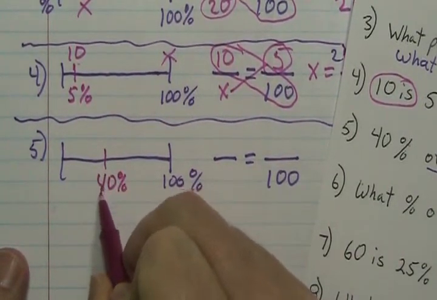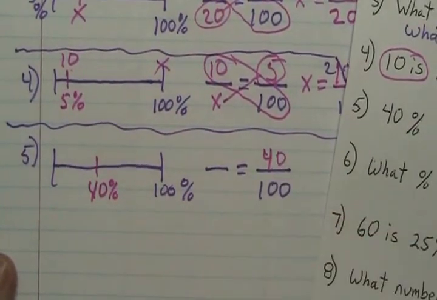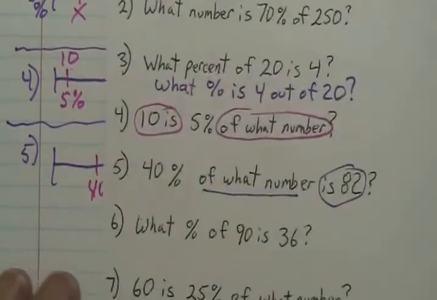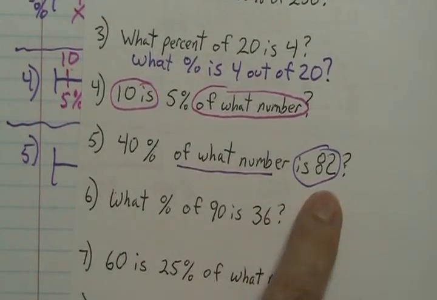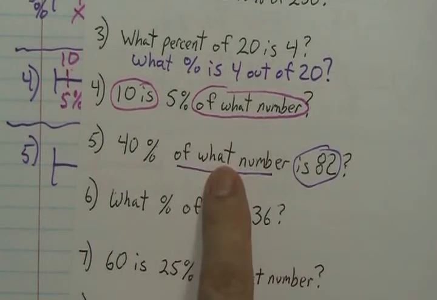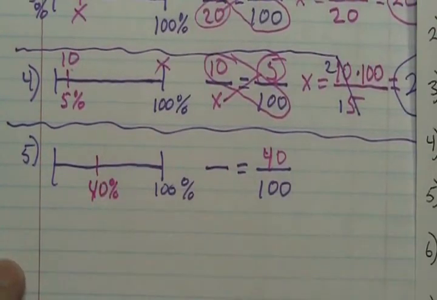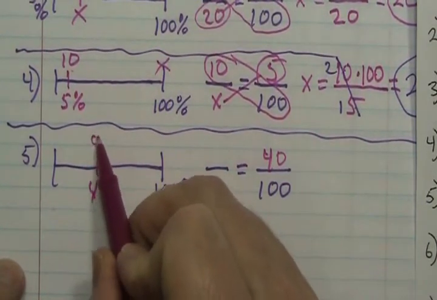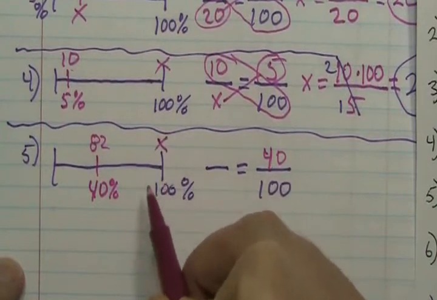That's 40%. 40 out of 100. That goes right here. 40% of something is 82. So which one is it? Is 82? Of what number? We don't know the of.